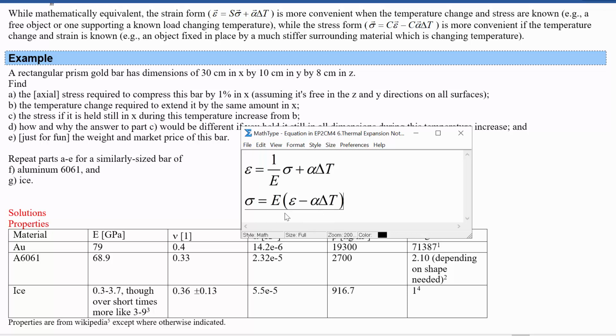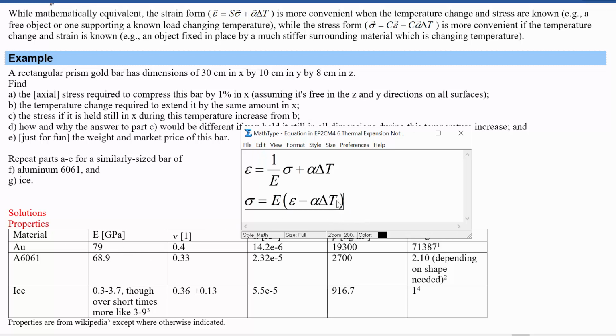So the first part, if we have no temperature change and we want a 1% compression, then we're going to need sigma to be negative 1% times E. So sigma in part A is going to be negative 1% of the Young's modulus of gold, or negative 790 megapascals.